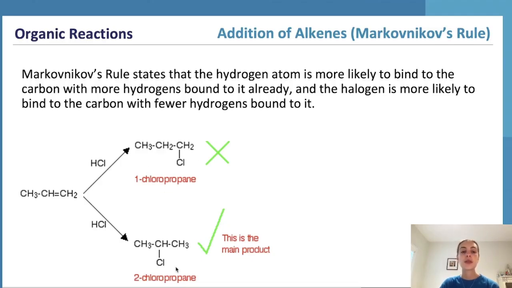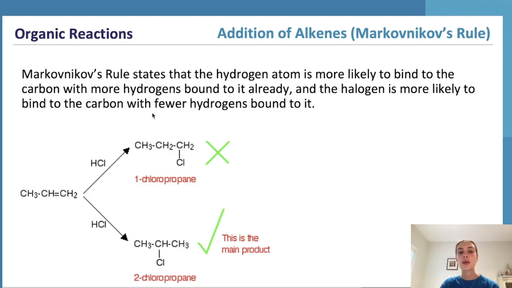And so this is because in 2 chloropropane, on the second carbon along on the molecule, there's only 1 hydrogen bonded to it, whereas on the third carbon along, or the first carbon along on the molecule, there's two hydrogens bonded to the carbon.